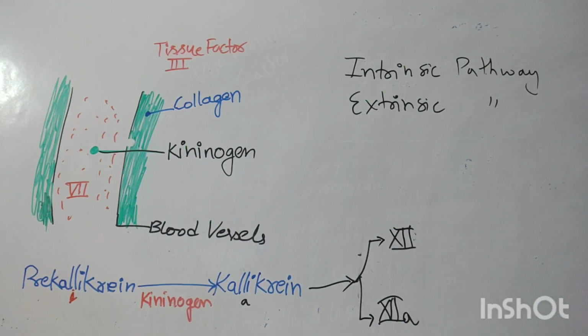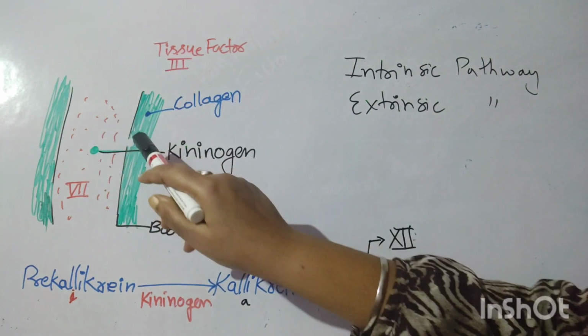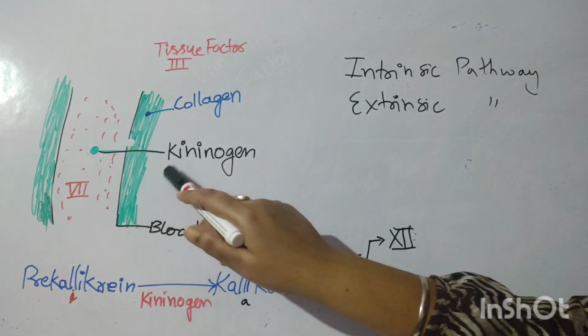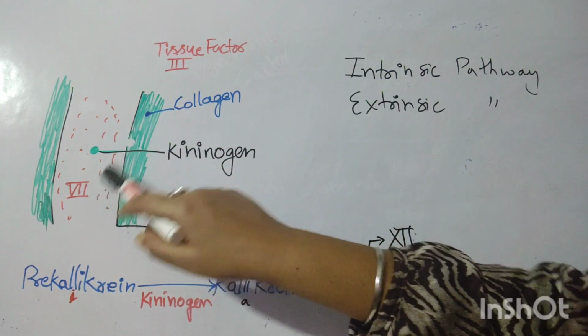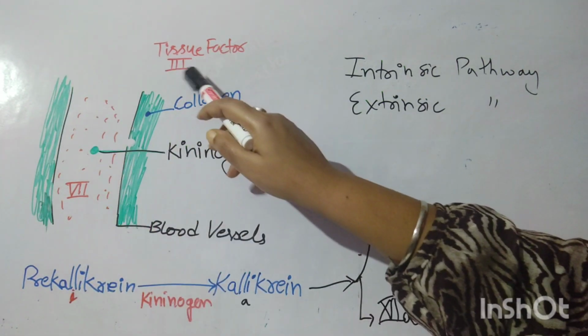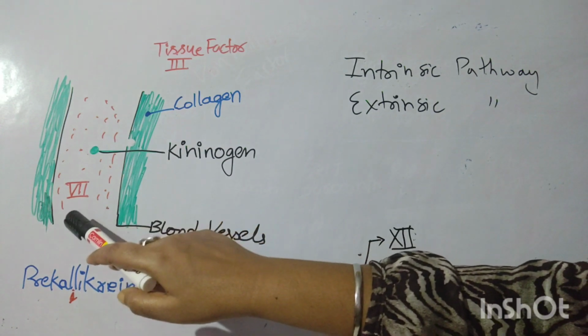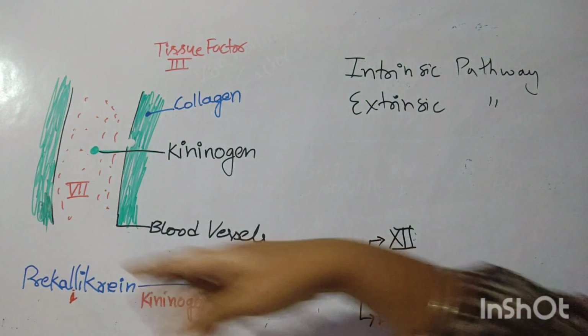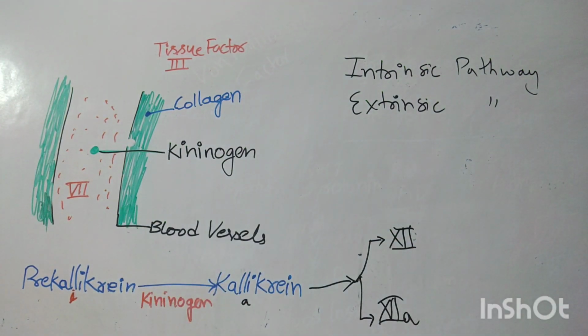Here one more thing: whenever there is a vessel injury, collagen combines with kininogen, and tissue factor will work here. Tissue factor 3 will work here, and factor 7 is also present in blood. This will also be activated, and there will be a series of reactions. We will see how they work.